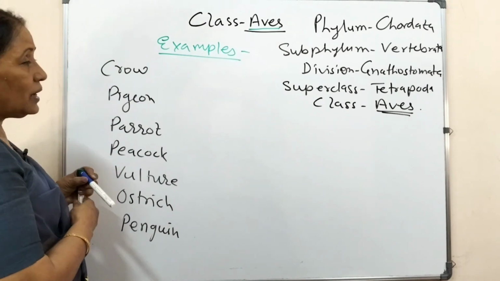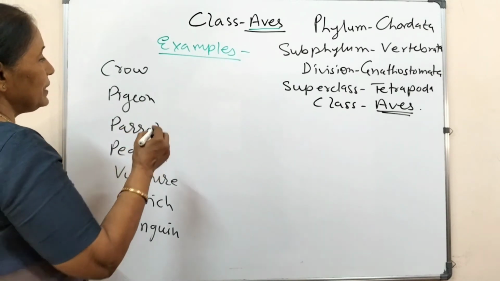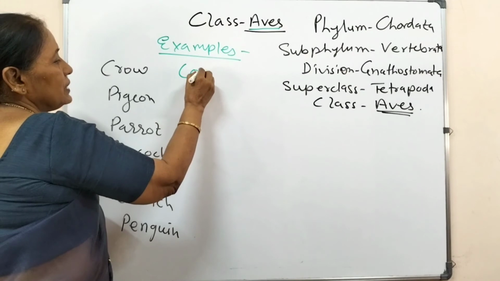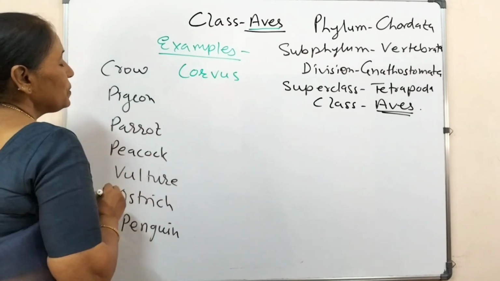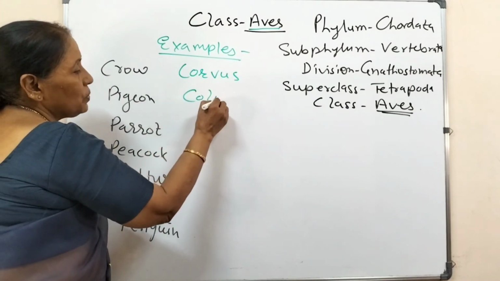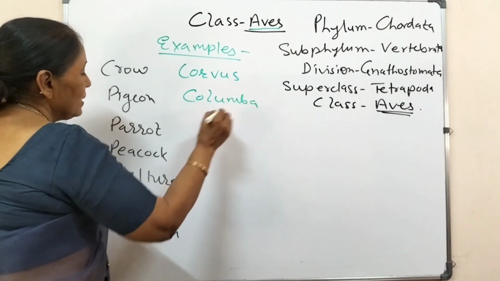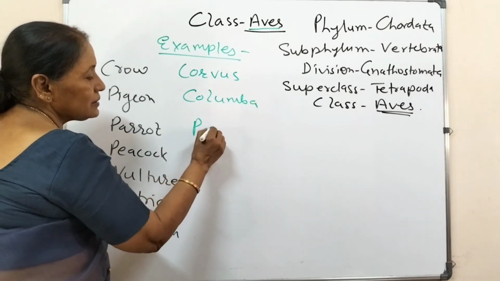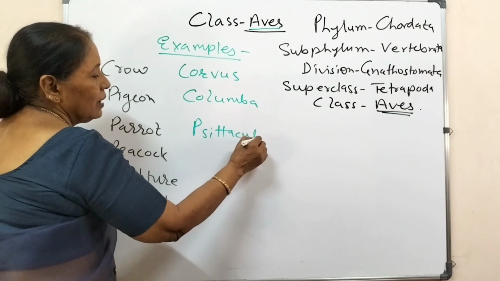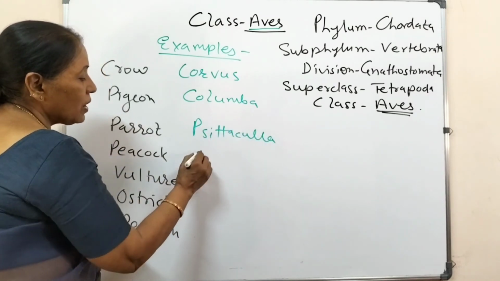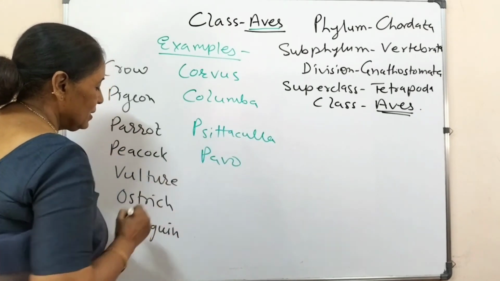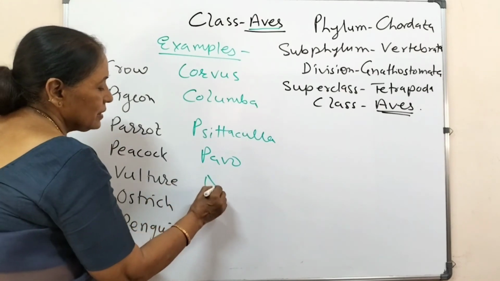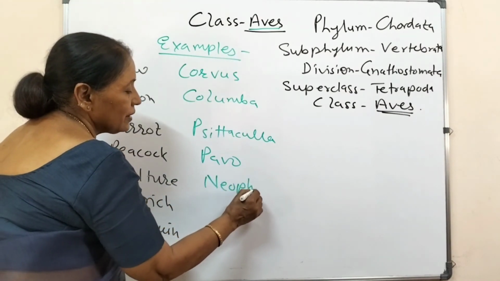Now let us note down their scientific names. Crow is Corvus. Pigeon is Columba. Parrot is Psittacula. Peacock is Pavo. Vulture is Neophron.